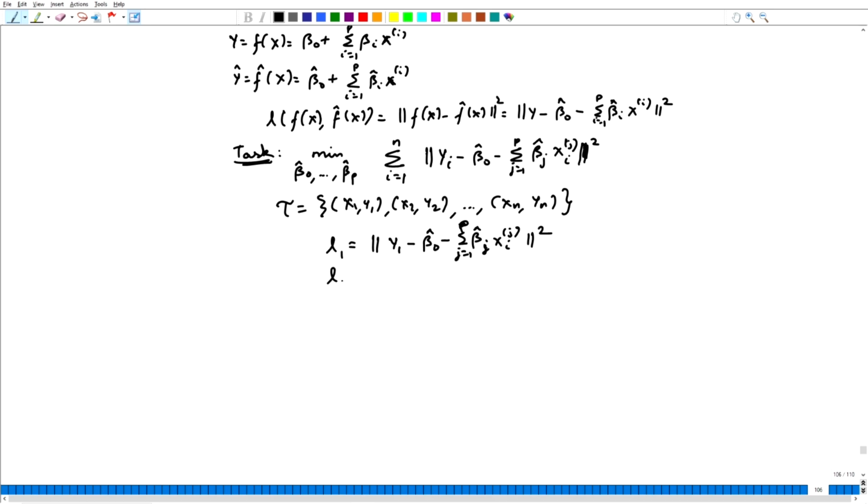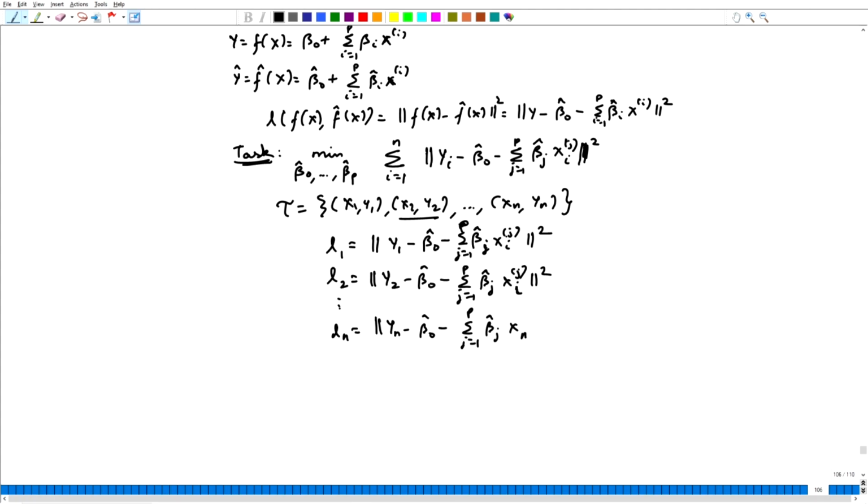Similarly, you have the loss function for the second data point x2 y2. That is the norm of y2 minus beta naught hat minus the summation j equal to 1 to p of beta j hat xij, squared, and so on up to Ln, which is yn minus beta naught hat minus the sum over j equal to 1 to p of beta j hat xn.